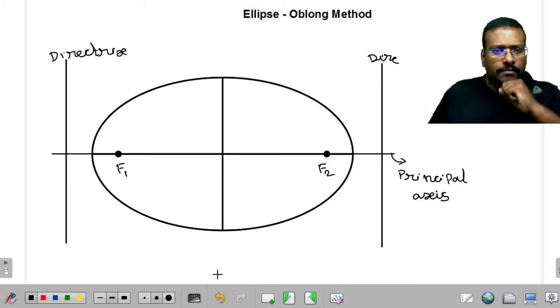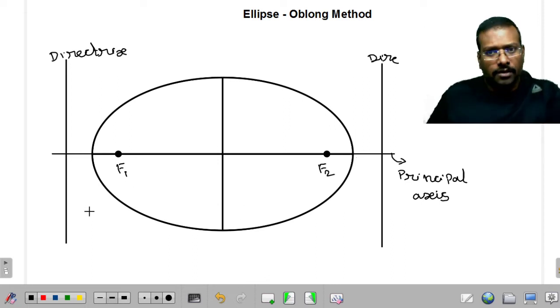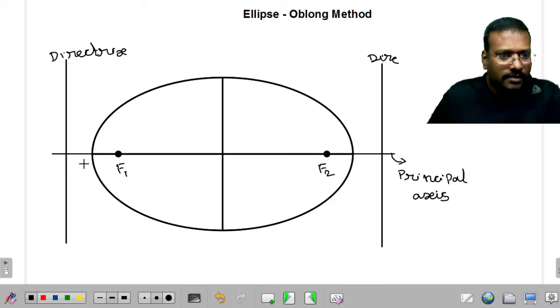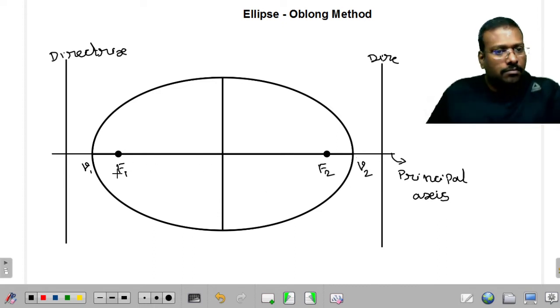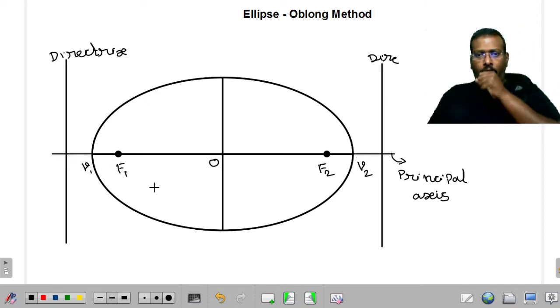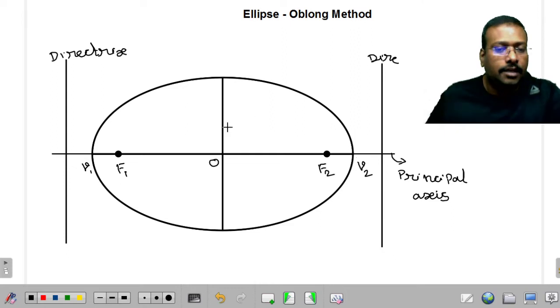Now here the midpoint of the vertices, these two are the vertices V1 and V2, or the focal points, is considered as the center of the curve.